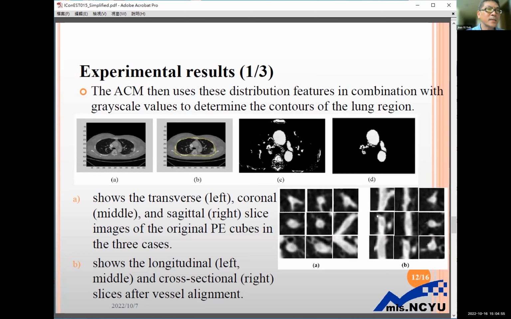And this one shows, on the left, the transverse, coronal and sagittal slice images of original PE cubes in the three cases. The last one shows the longitudinal and the cross section after the vessel alignment.